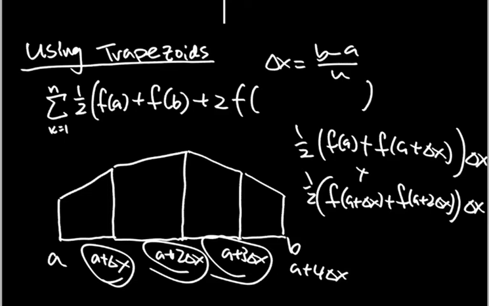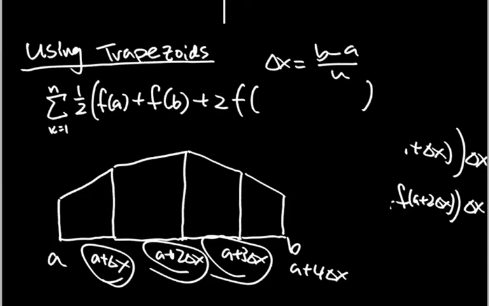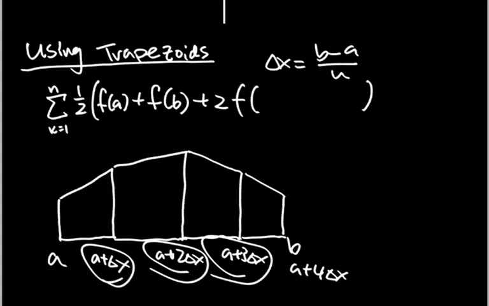So how can we write that as a formula? f of a plus something times delta x, right? If k starts at 1 and ends at n, let's look here.